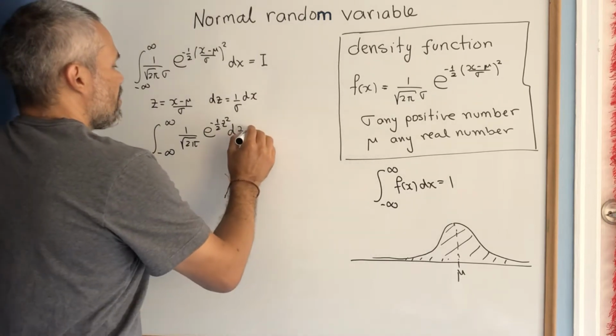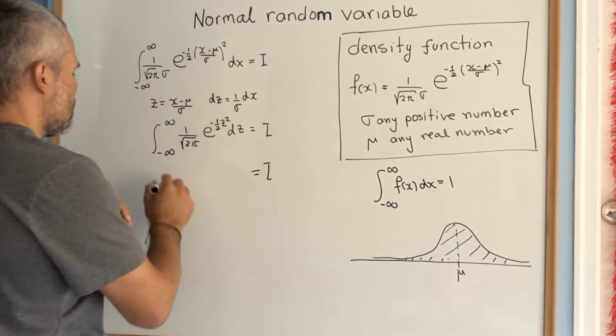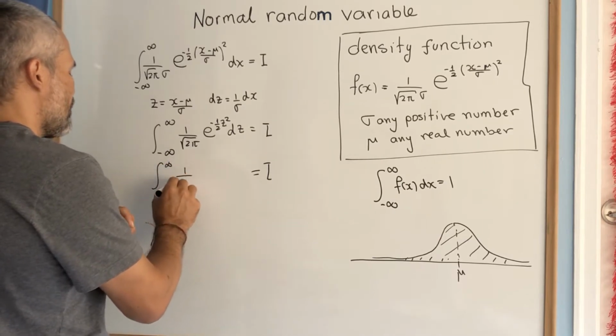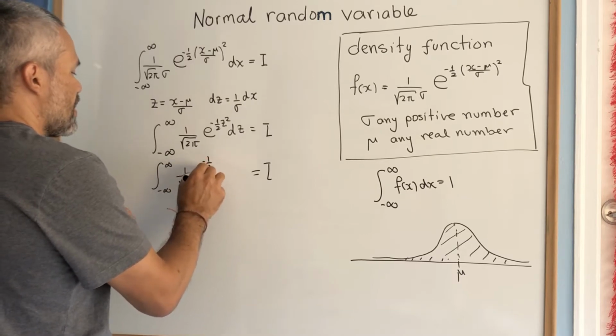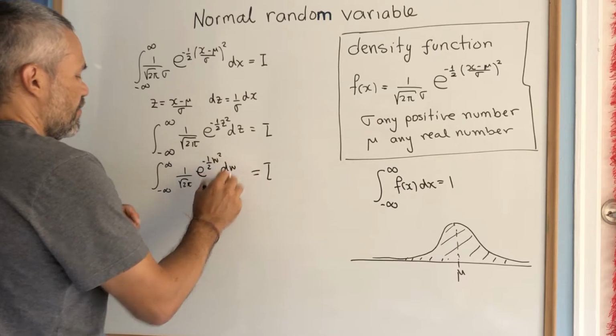Remember that we are calling this number I. We notice that I is also the integral from negative infinity to infinity of 1 over the square root of 2 pi e to the negative 1/2 w squared dw.